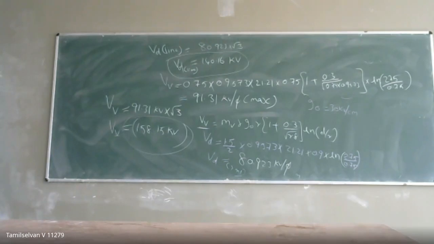We did the mathematical modeling for short, medium, and long lines, so we can analyze their performance using those models. We also saw how to calculate the sag and tension in an overhead transmission line, and the different types of towers. So that's all with your module 2.